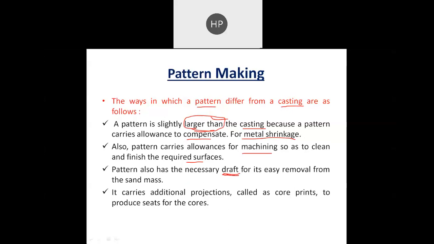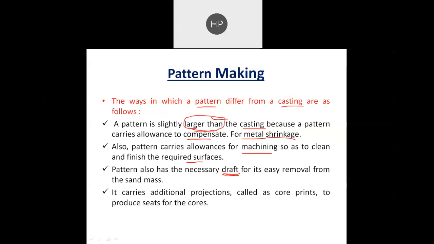And if we do not give a draft to the pattern, when we try to remove it from the sand, the cavity may be deformed. So that's why some amount of draft is given to the pattern. So it is again a change in dimension from the original casting. So this is the third.